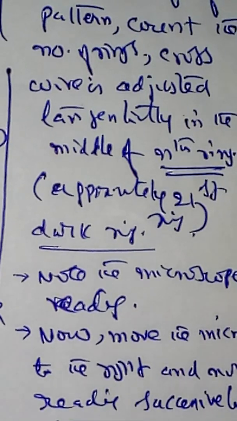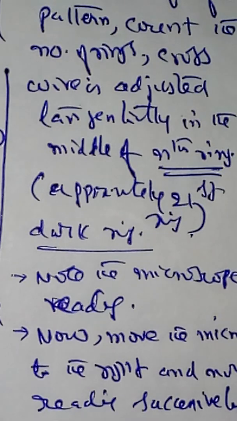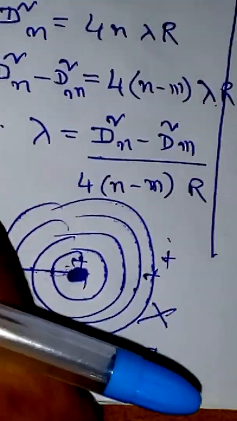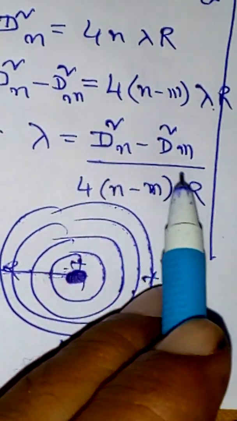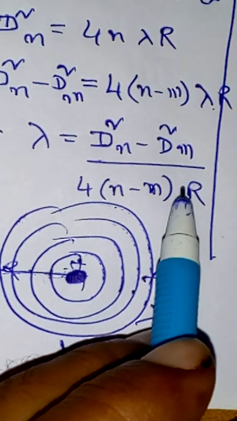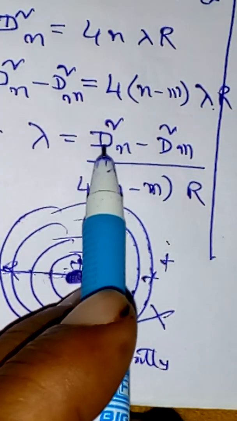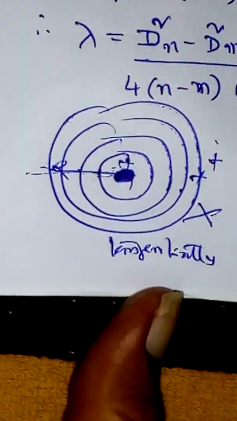Very simple. How to understand this? Let me explain. See the formula. We want to calculate lambda. Radius of curvature can be found through a spherometer or screw gauge. Now, diameter you want. So how do you get the diameter?